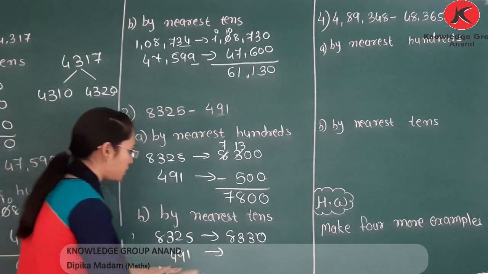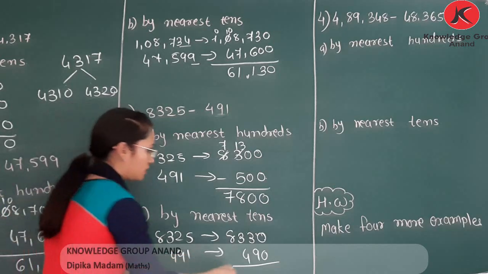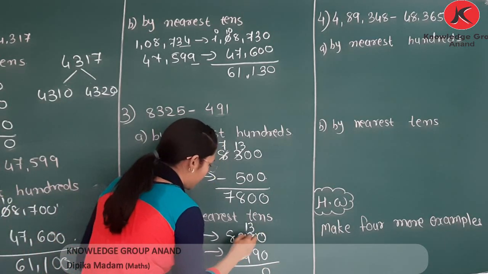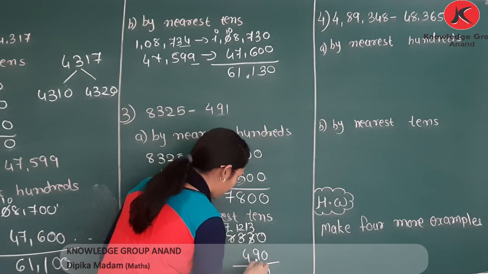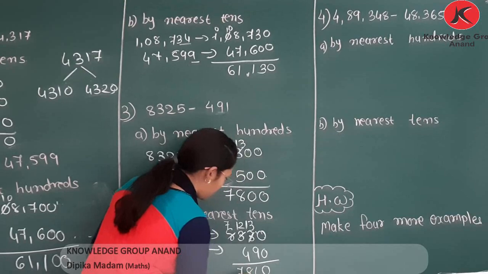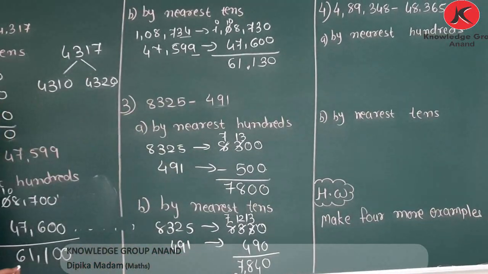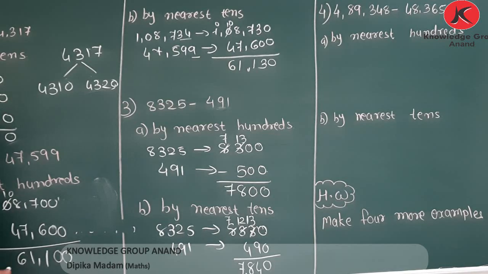Which is the nearest value? It is nearer to 90, so 490. So the answer is 7,840 when the tens estimation is there.